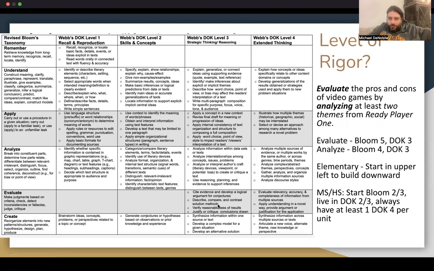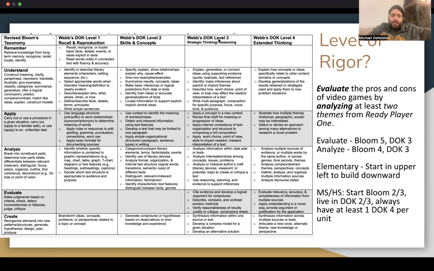And analyze is Bloom's 4, and a DOK level 3. But I would say combined, I'm asking them to extend their thinking. So overall, even though individually it's only a DOK level 3 for the individual parts, overall, this task is definitely asking them to extend their thinking.